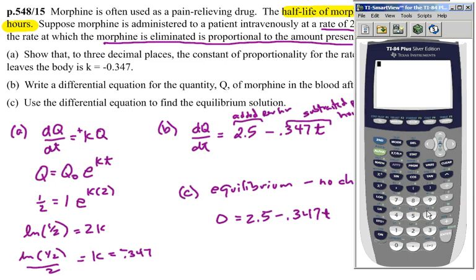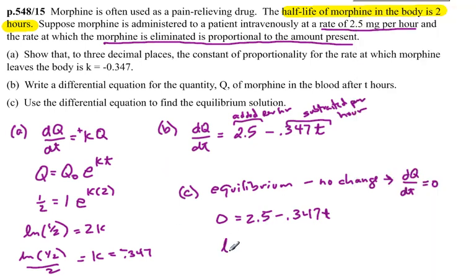To do this, we're going to get that 2.5 on the other side, and we're going to divide by negative 0.347, and we get our answer of 7.2. And basically that means once we hit that level, what we're adding and what we're subtracting is the same amount, and so we have the same level in the body.